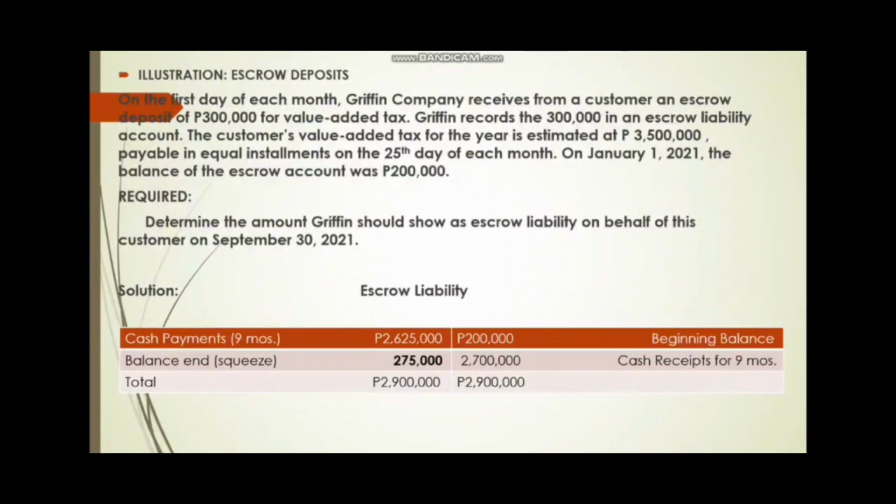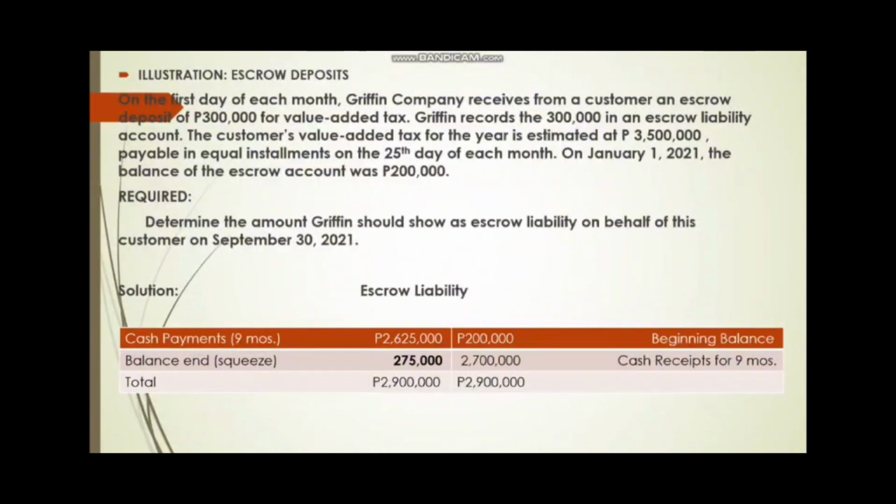So required is, Griffin should show an escrow liability on behalf of this customer on September 30, 2021. So your solution for the cash payments is 9 months that were paid, January to September.